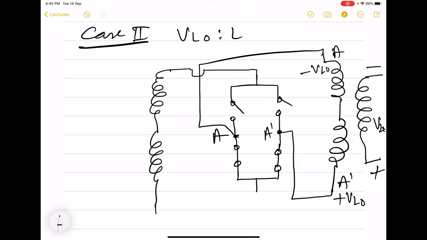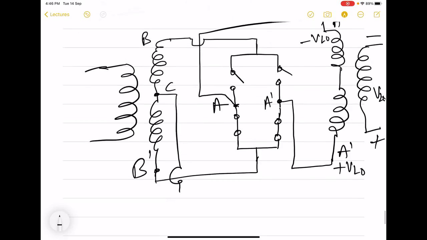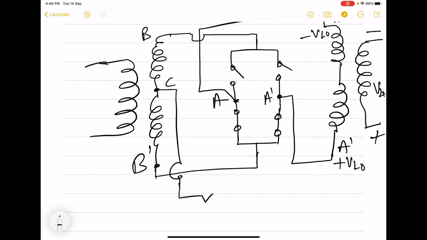So let us complete this circuit. And this is node C, which is grounded.